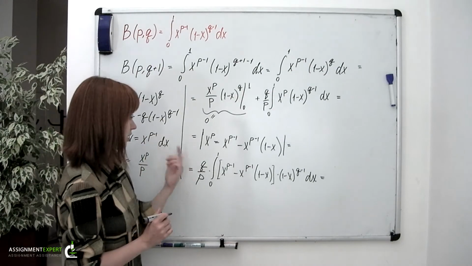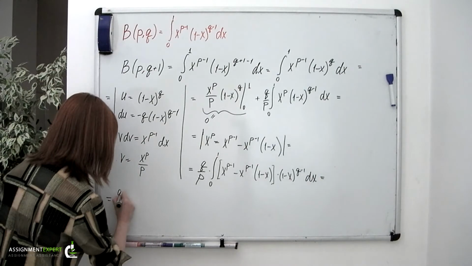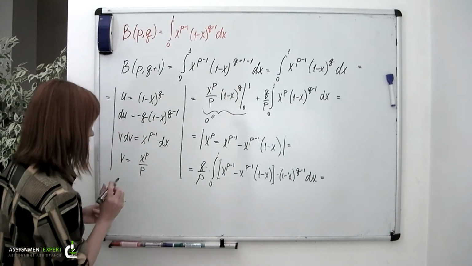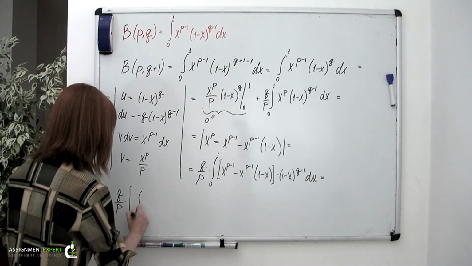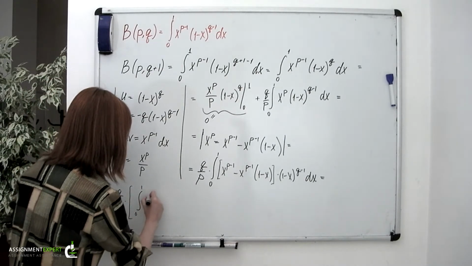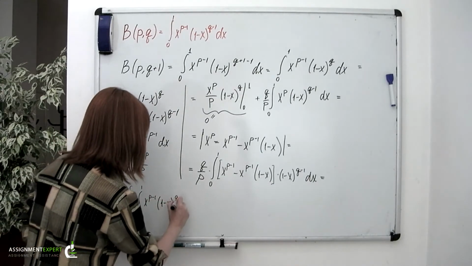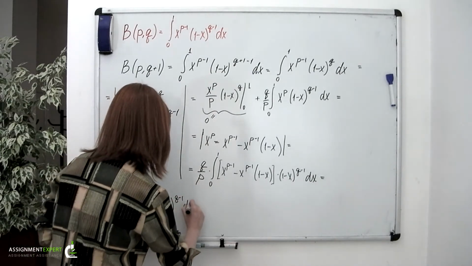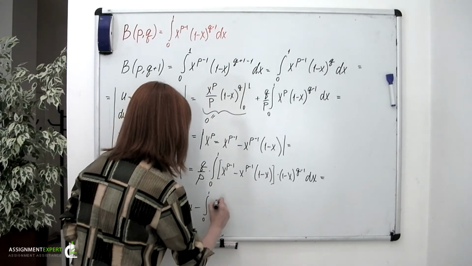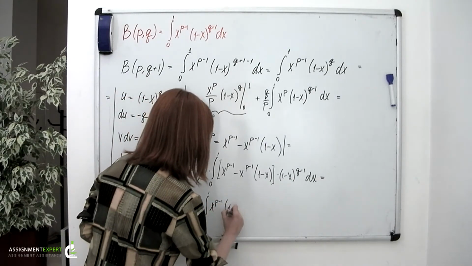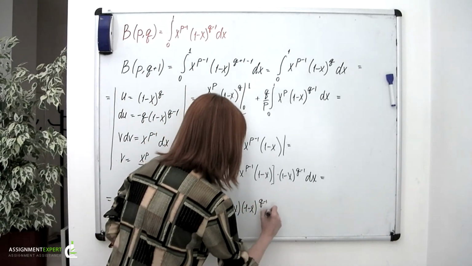Now we know that the integral of a difference is equal to the difference of two integrals, so we may have it written down as follows. Q over p times integral from 0 to 1 of x to the p minus 1 times 1 minus x to the q minus 1 dx, minus integral from 0 to 1 of x to the p minus 1 times 1 minus x times 1 minus x to the q minus 1 dx.